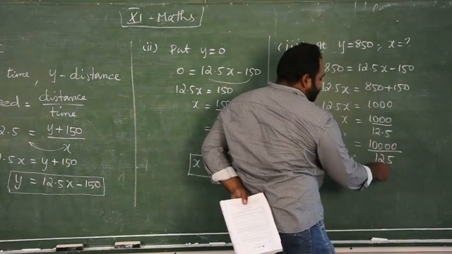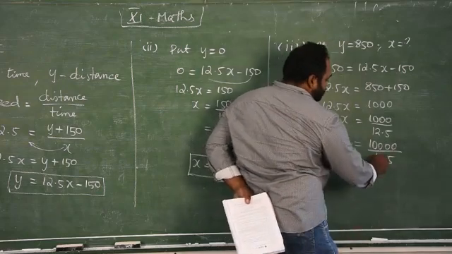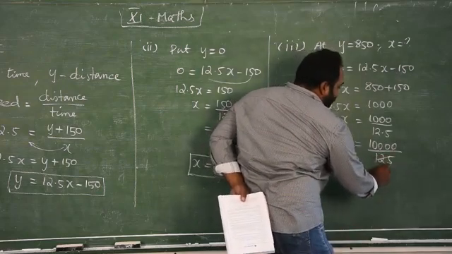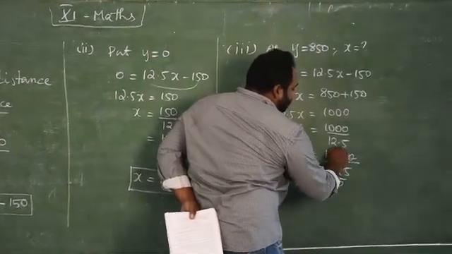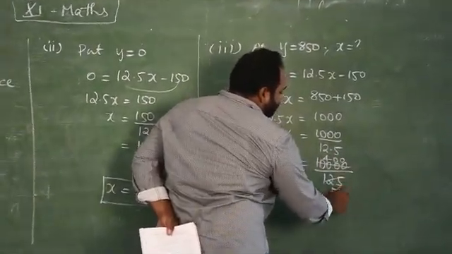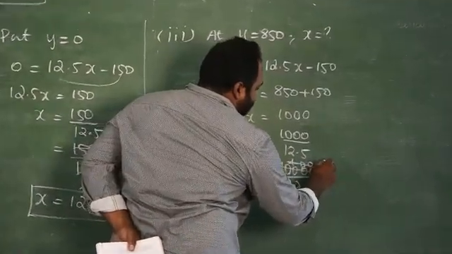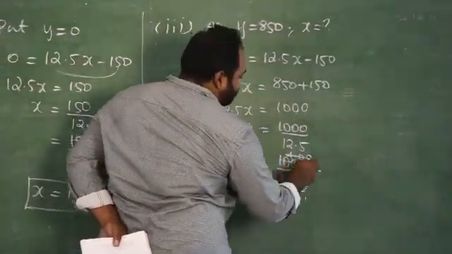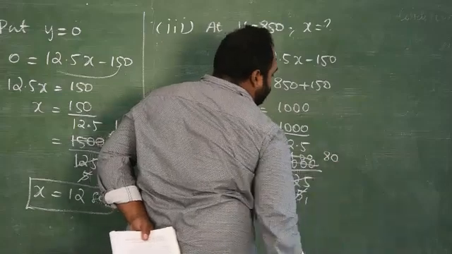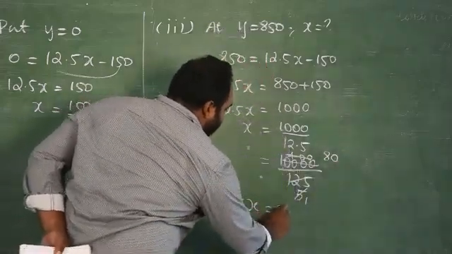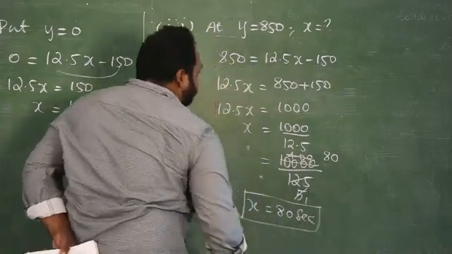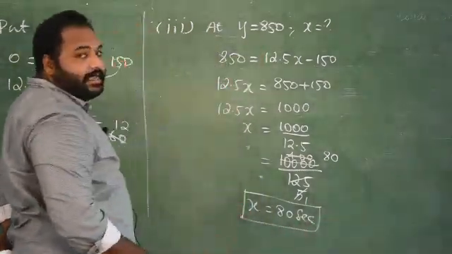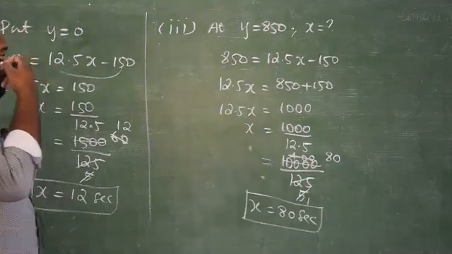Then automatically the decimal will cancel. Then cancellation, again for 25th table, 5 times, 400 times 1 time, 5th table, 80. So x equal to 80 seconds the train has taken for crossing the 850 meter length bridge.